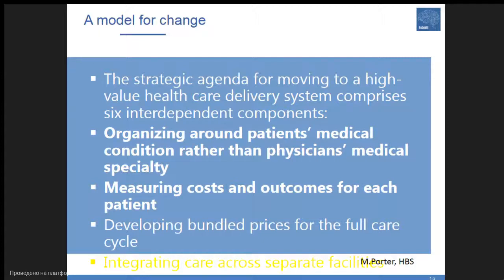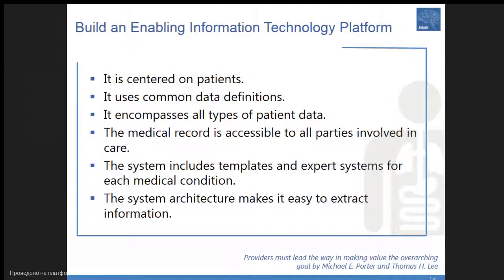The line which is missing here on the image is that there should be an enabling IT platform which helps to measure the costs, the outcomes, and organize healthcare around the patient. What is meant by enabling information technology? It should be centered on patients. It should use common data definitions, so all information systems should talk the same language.